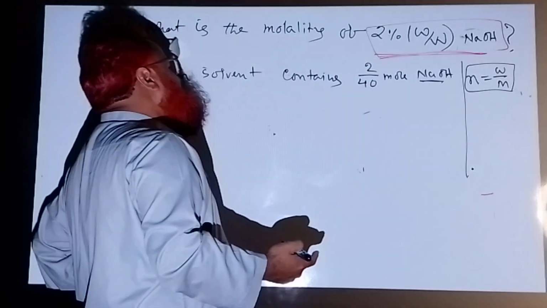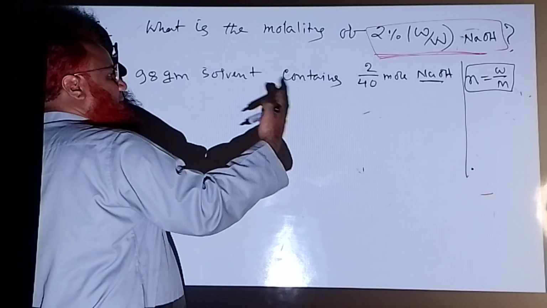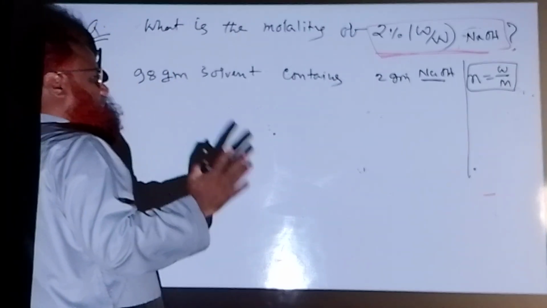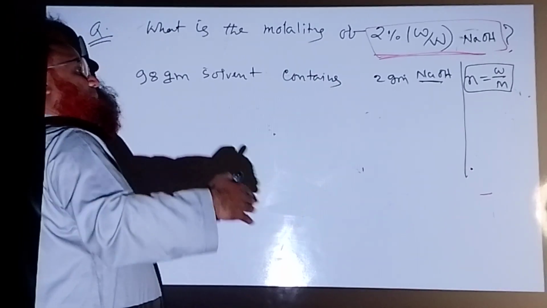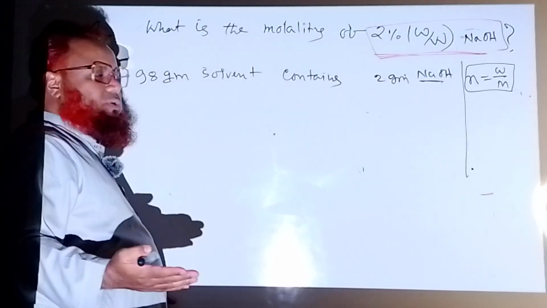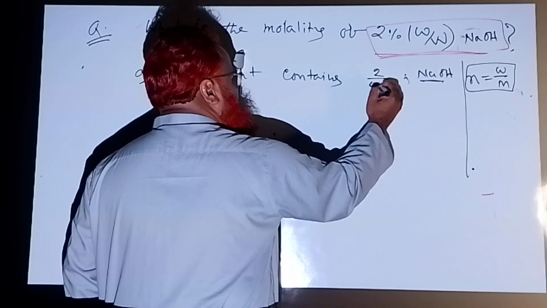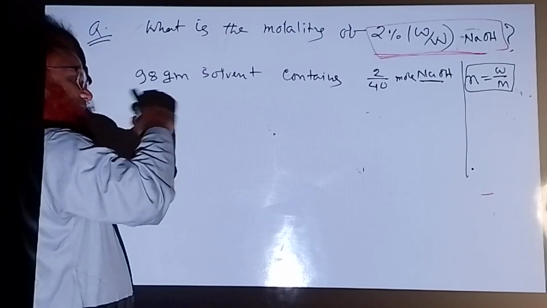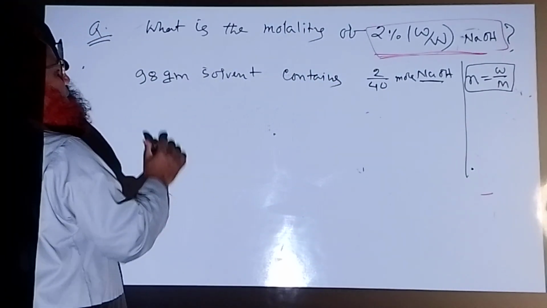I repeat, 98 gram solvent contains 2 gram sodium hydroxide. This is correct. But if we consider the mole for sodium hydroxide, then 2 gram divided by molecular weight 40 will be the mole. Now the same amount is present, but it is expressed in mole instead of gram.